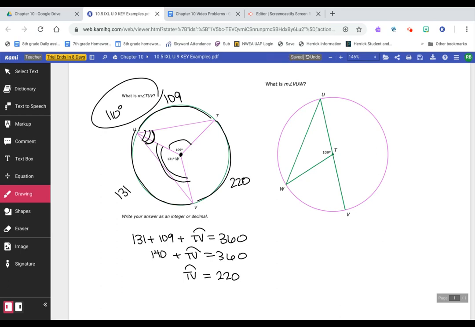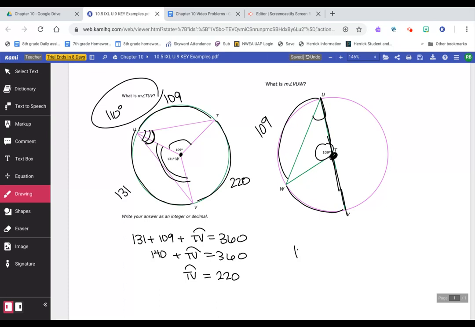Next, for this one, we want to figure out the measurement of VUW, this angle. It will be half of this arc. We don't know what that arc is, but we know that since this angle is 109, this arc is 109. We also know that UV is the diameter because it goes through the center of the circle.